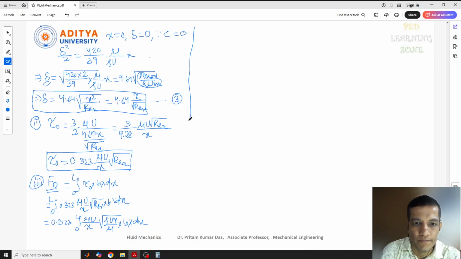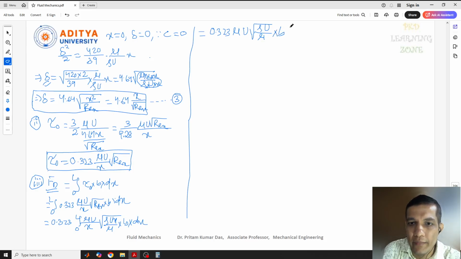Let's divide in this way: here I will write 0.323 and mu into u, and this is root over of rho u by mu, and b. Let's separate this one, because these are constant terms, let's take them outside.